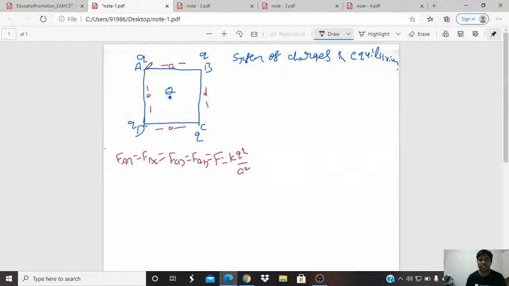And between the diagonals AC and BD, FAC and FBD.